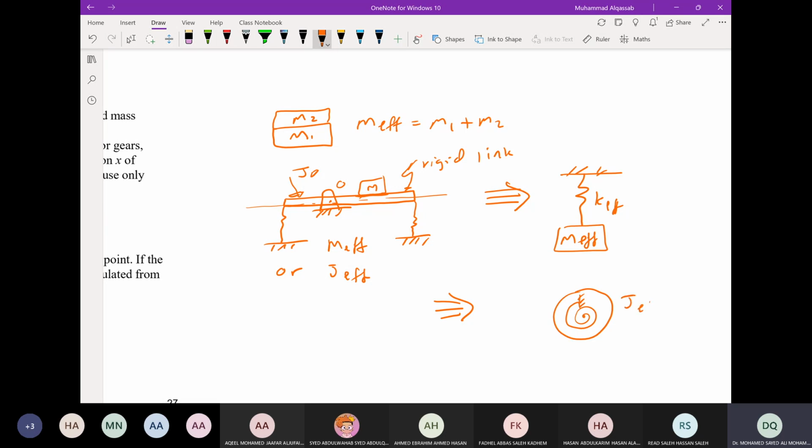So this has J effective, and this has K effective, but in torsion. This is KT. So either a translational system or a rotational system.